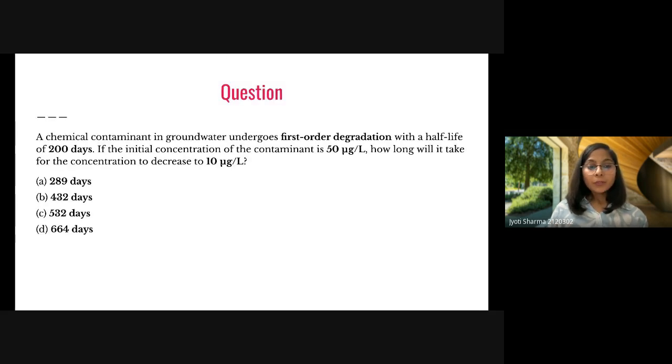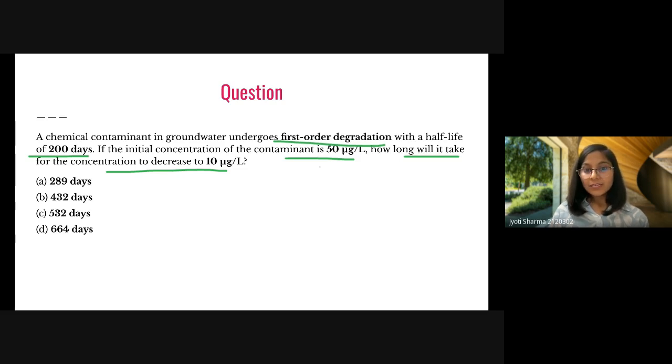Now, a chemical contaminant in groundwater undergoes first order degradation with a half life of 200 days. The initial concentration of the contaminant is also given, that is 50 microgram per liter. How long will it take for the concentration to decrease to 10 microgram per liter?